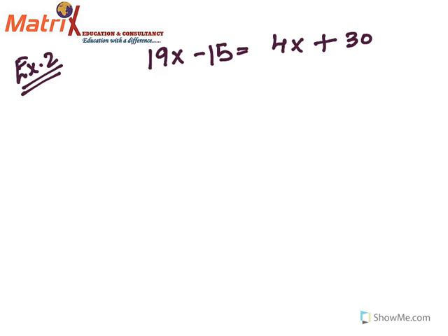So let's first combine the x terms together on one side. We will do minus 4x on both the sides. So I get here 15x minus 15 is equal to 30.